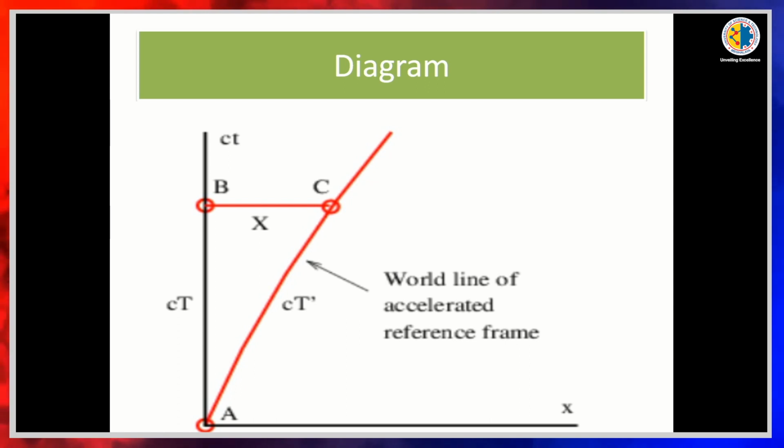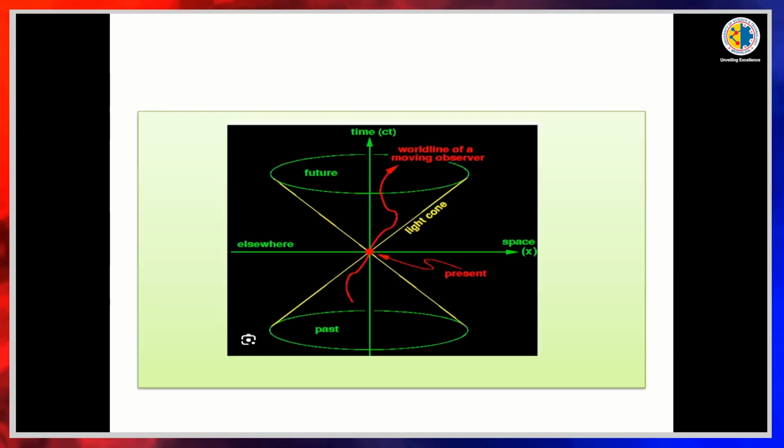This is a diagram of the world line of an accelerated reference frame. CT is the imaginary axis, and the x axis shows the space coordinate of a particle. When we consider an accelerated frame of reference, an accelerated particle, AC is the bending line, and it shows the particle's acceleration. This is the actual diagram known as Minkowski's diagram.